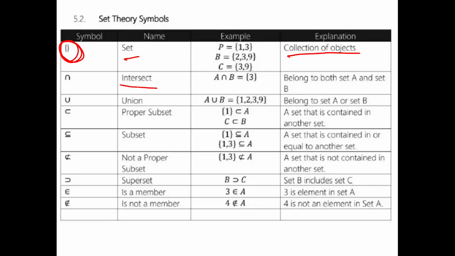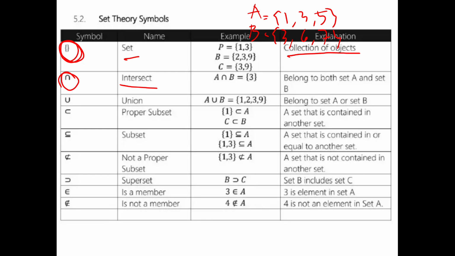Next is the intersection. We have the symbol, an inverted U. A intersection B is equal to 3. It belongs to both set A and set B. For example, A is equal to 1, 3, 5, and B is 3, 6, 7.